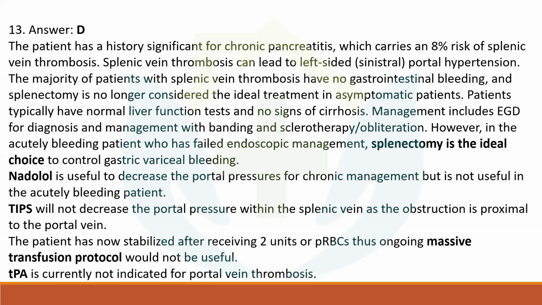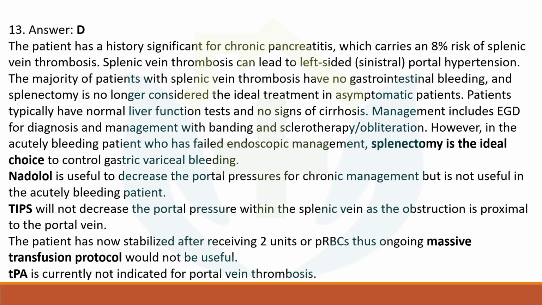The patient has a history of significant chronic pancreatitis, which carries an 8% risk of splenic vein thrombosis. Splenic vein thrombosis can lead to left-sided portal hypertension. The majority of patients with splenic vein thrombosis have no gastrointestinal bleeding, and splenectomy is no longer considered the ideal treatment in asymptomatic patients. But patients typically have normal liver function and no signs of cirrhosis.